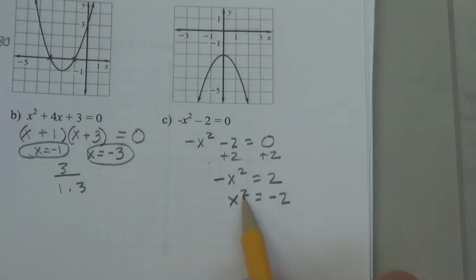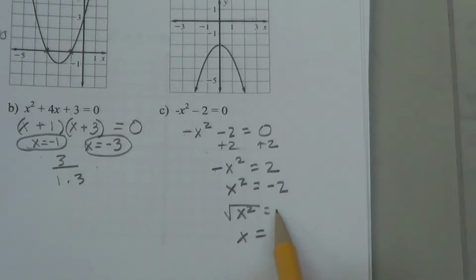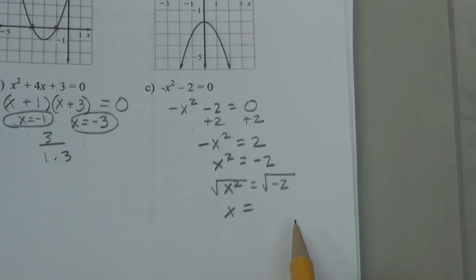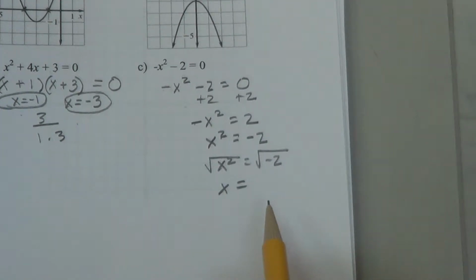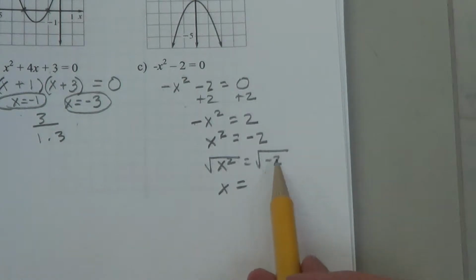Get rid of a square, how do you do that? Well, we square root it. Square root of x squared will equal x. Here's the problem. Square root of a -2. What two numbers multiply by themselves to equal a negative? We have a negative and a negative, it makes a positive.